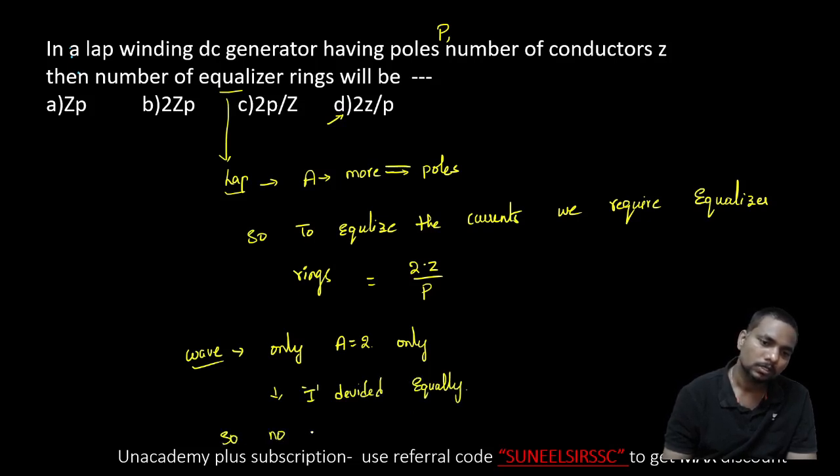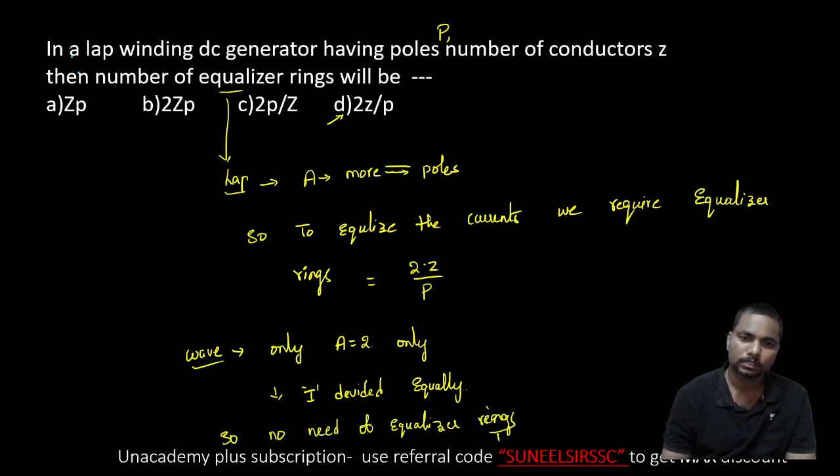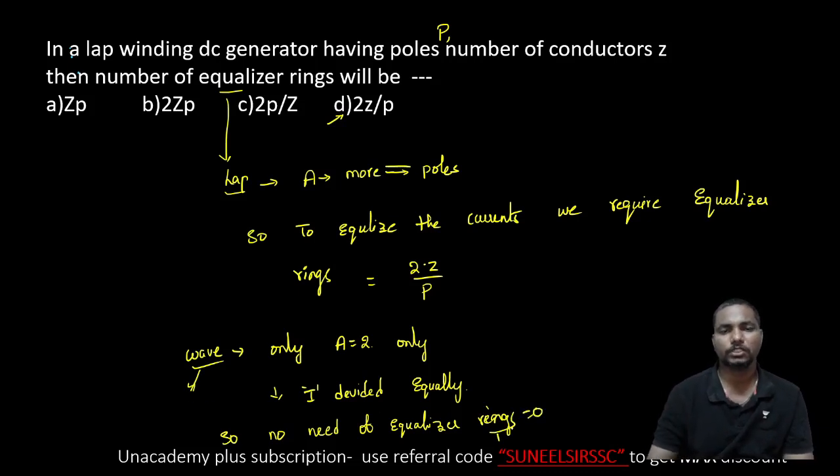So no need of equalizer rings. If they are asking for equalizer rings for this one, it is nothing but 0. In lap winding, we require 2Z by P.